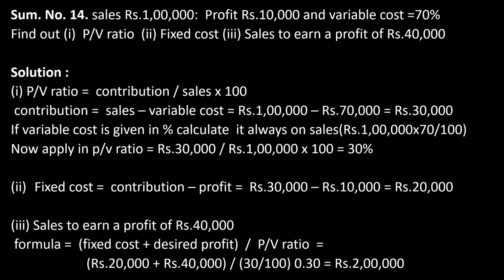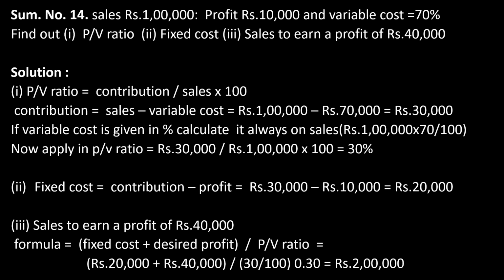Whenever there is a question like this, you have to use a formula. You are asked here to find the sales for the given profit. Whenever there is a question asking you to find the sales for the given profit, there's a formula: fixed cost plus desired profit divided by PV ratio. I know my fixed cost to be 20,000. I know my desired profit, what the problem asks, so desired profit is 40,000.